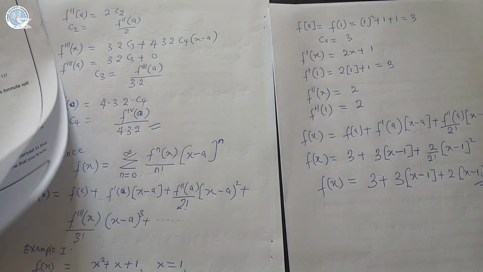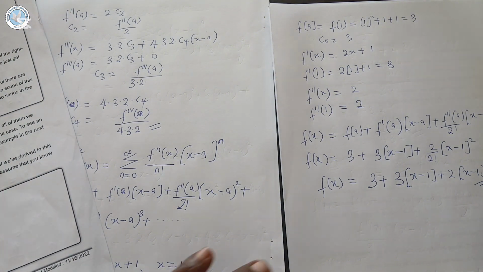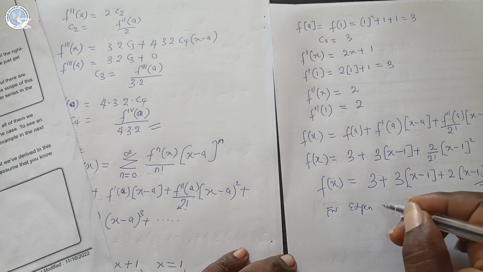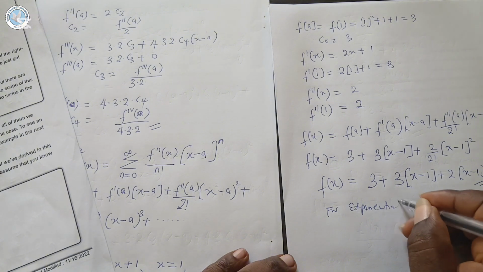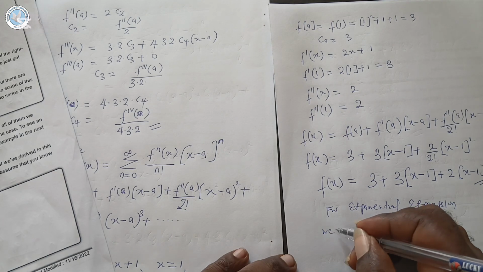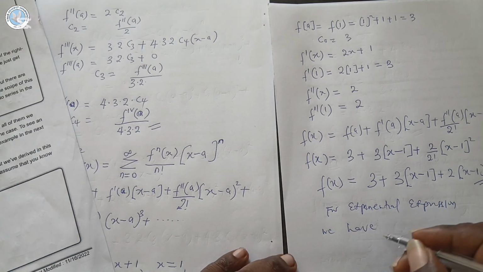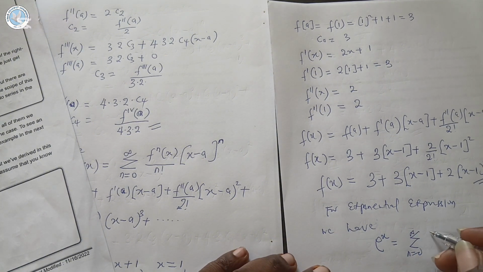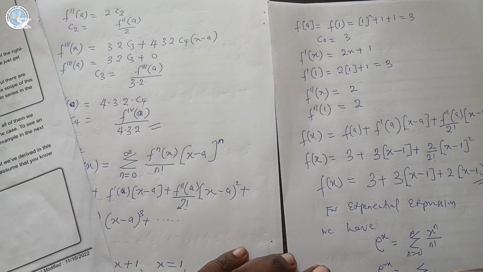So we have the Taylor series standard expression for the exponential. For the exponential expression, we have that e to the x is the summation from 0 to infinity of x to the n over n factorial. Also, if peradventure we have a minus x, it is going to give us minus x raised to the power of n over n factorial.